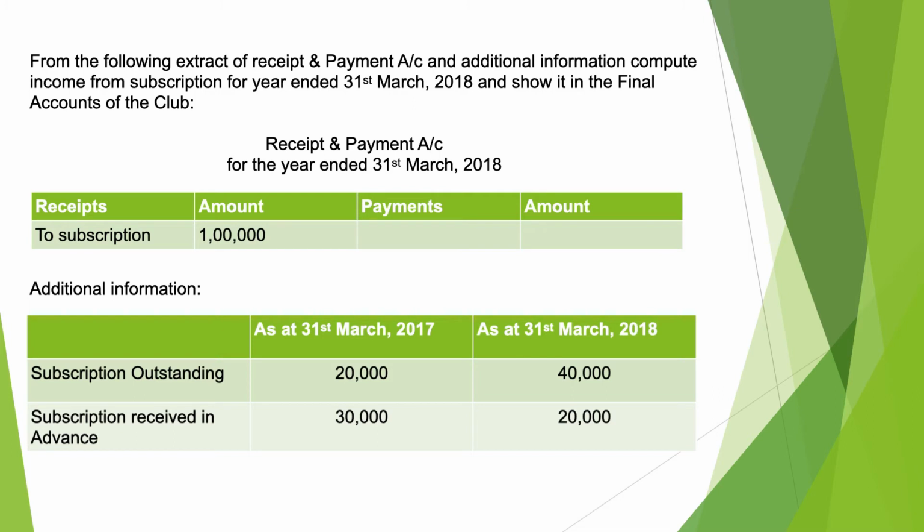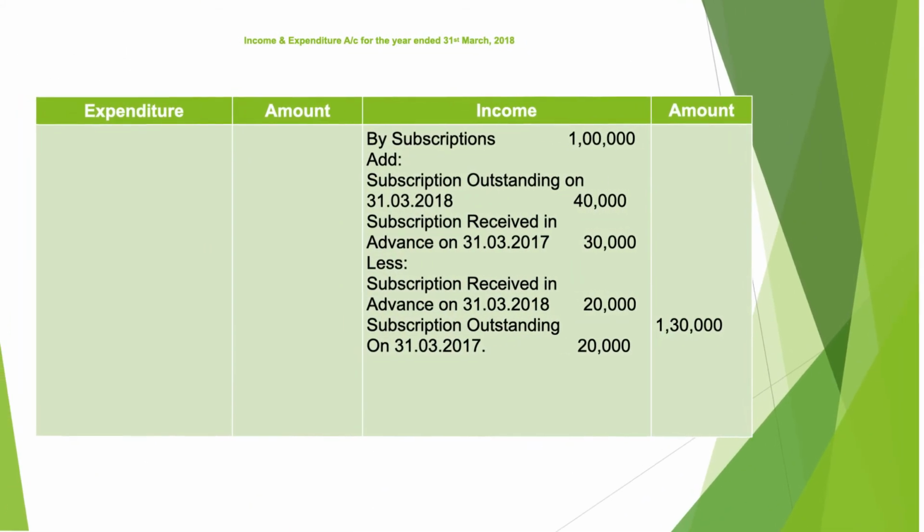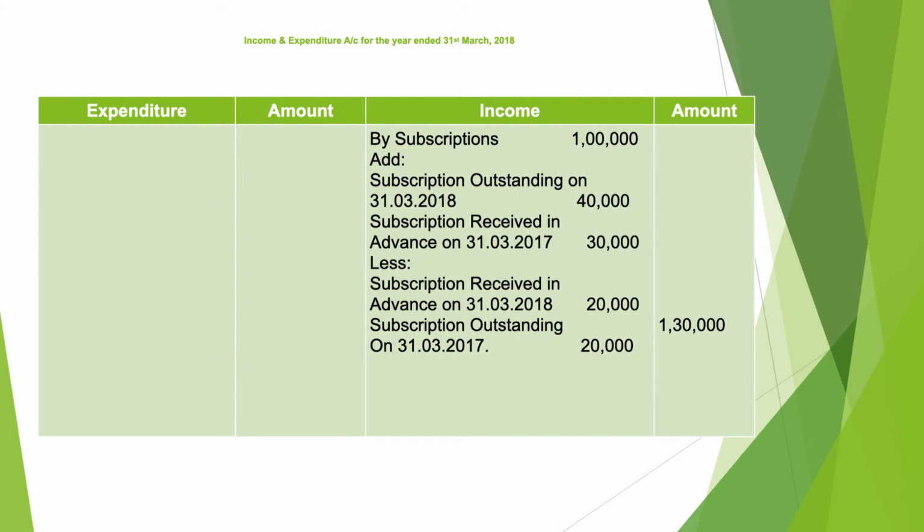So let us see its presentation in the income and expenditure account. This is basically an extract of the income and expenditure account, where on the income side, subscription received is 1 lakh, to which we will add outstanding subscription of current year, that is 40,000, and subscription received in advance in previous year for current year, that is 30,000.